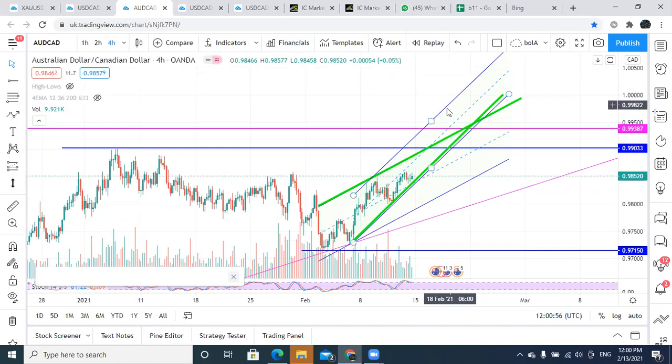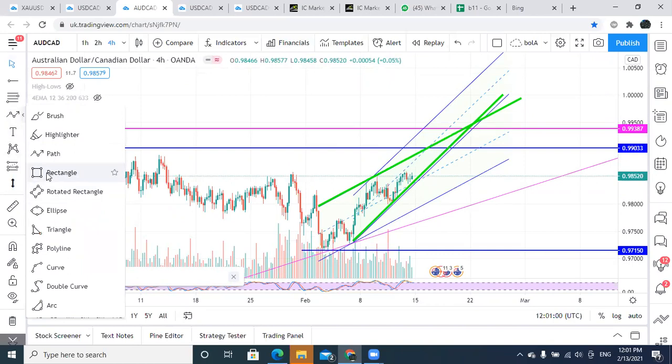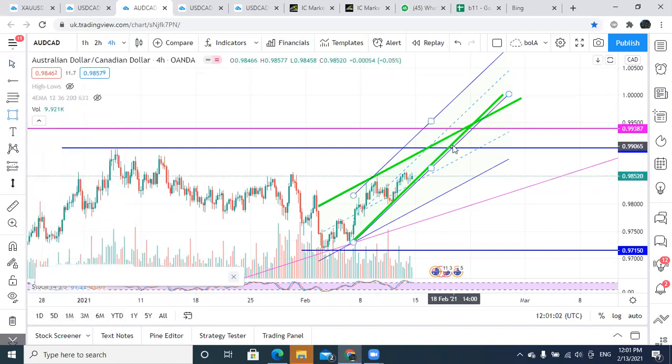So at the back of this zone, price hitting this level, price hitting the weekly level, price coming back to continue to follow the channel with which it ascended to that level, right?